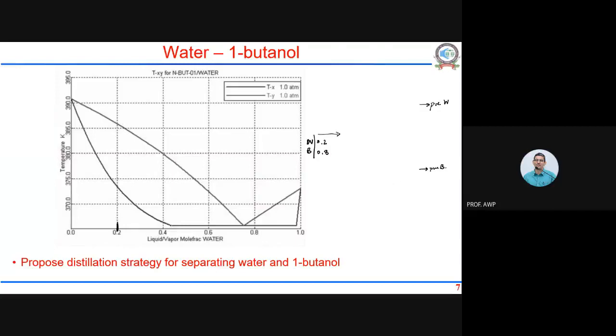Taking advantage of the fact that it splits into two phases.